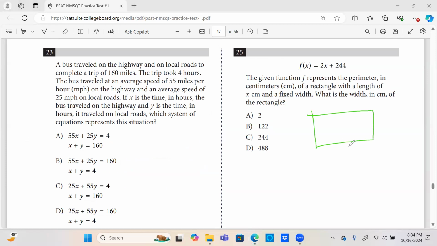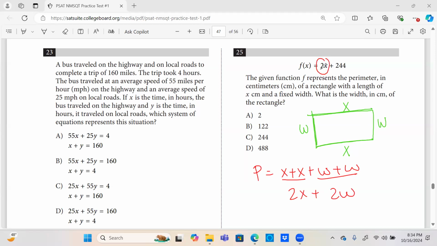It has a length x and then a fixed width. So if this is x, the top is also x. If this is w, this is also w. So the perimeter, if you add that all up, would be x plus x plus w plus w. So right here you get 2x. Oops. And right here you get 2w.